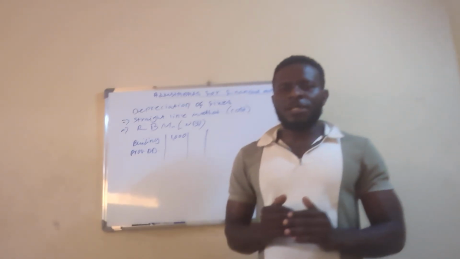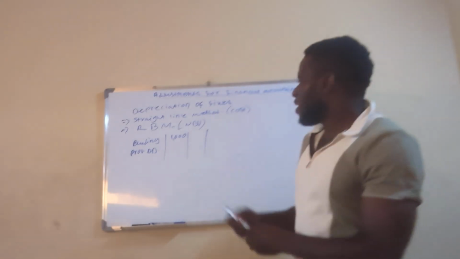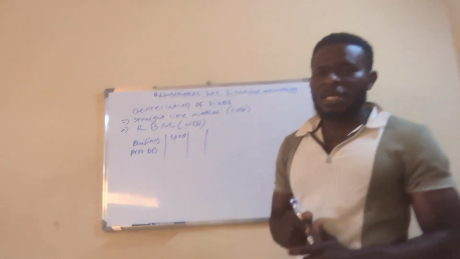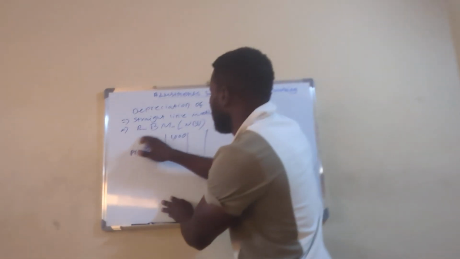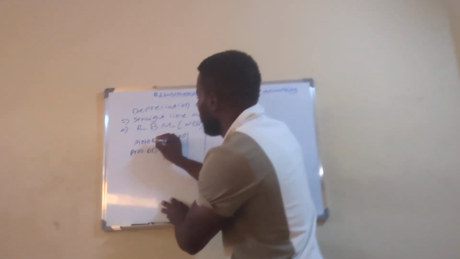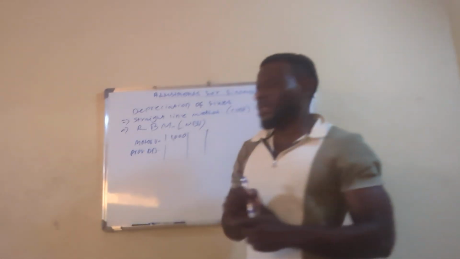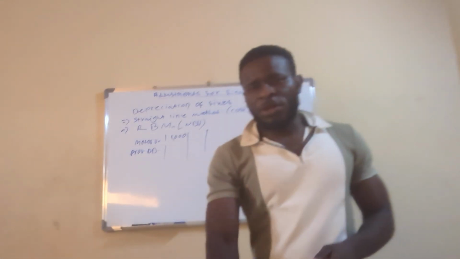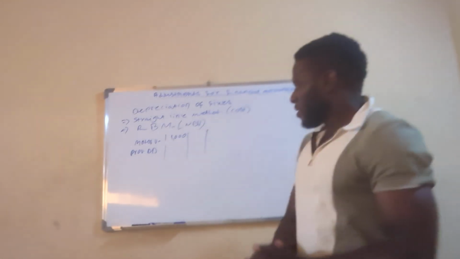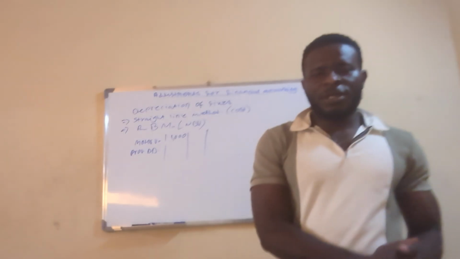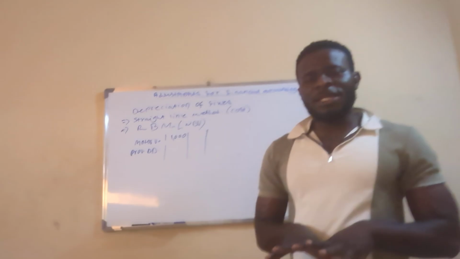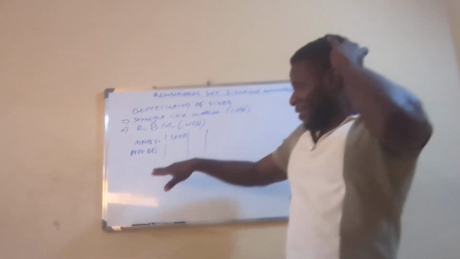So you sit down as a company and say, okay, we bought this item, let me use a motor vehicle. I think this is a perfect example. We bought this motor vehicle at 1,000 kwacha. Once you use that motor vehicle, you are not expected to sell it at this amount.